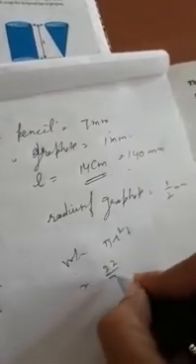Radius of graphite is 1/2 mm, volume is pi r square h, 22/7 into 1/2 into 1/2 into 140. 7 2s are 14, 10 11s, that is 110 cubic millimeter.